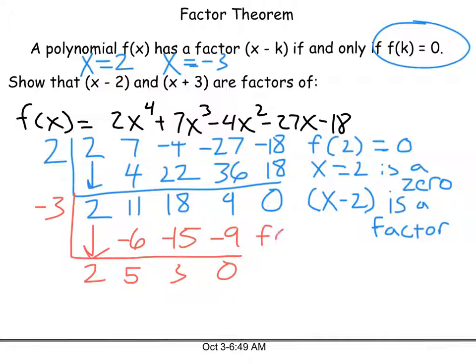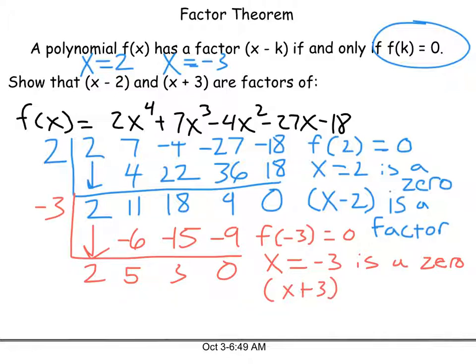So again, if you plugged in negative 3 for an x value, you're going to get 0 for y. X equals negative 3 is a 0. Okay? And x plus 3 is a factor.